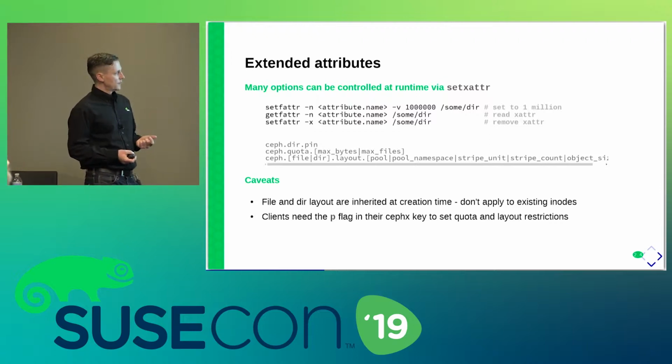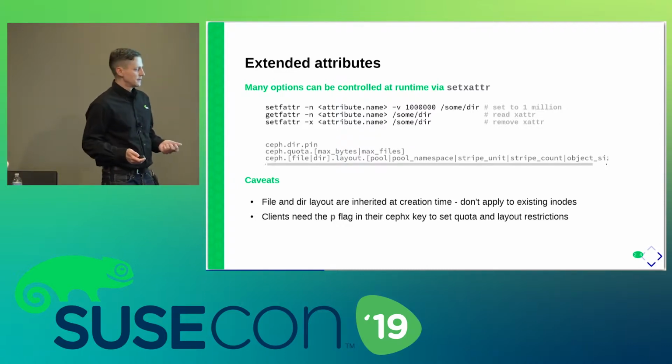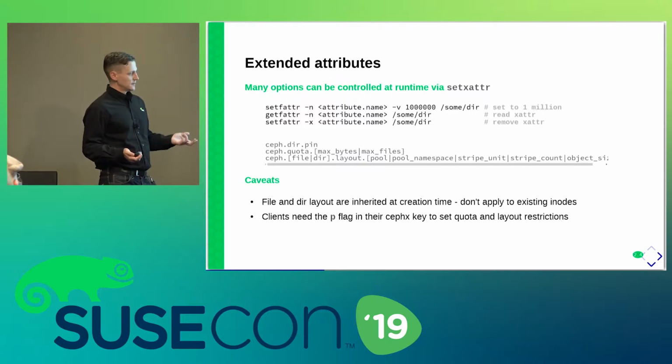Quotas are being set with extended attributes as well, and file and directory layouts, which are also quite interesting. But I don't really want to get into it in detail here because there's a lot of stuff you can do. So you can add, for example, a second data pool to CephFS. For example, you have a pool with spinners.